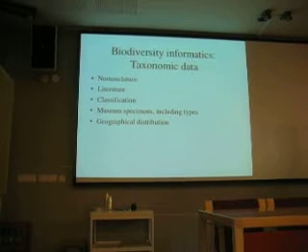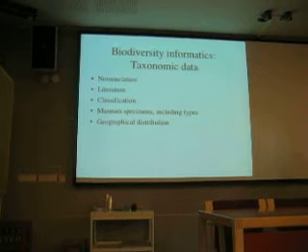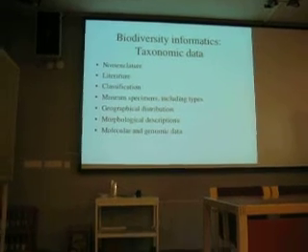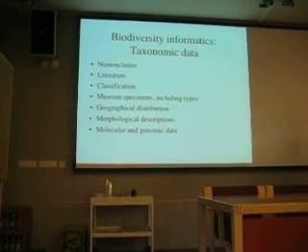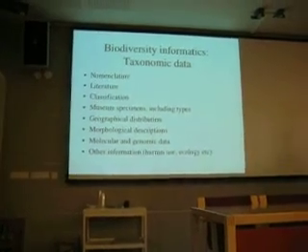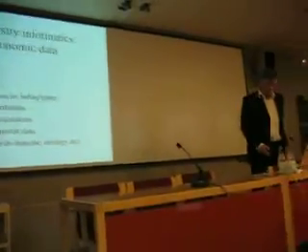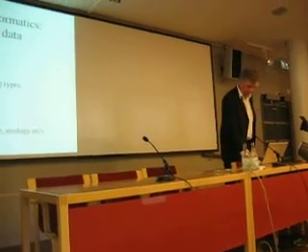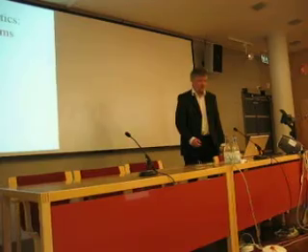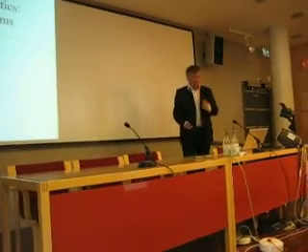And there are other types of taxonomic information, you could say, like geographical distribution, morphological descriptions, and of course molecular and genomic data and other data that we need to summarize and present in some way.